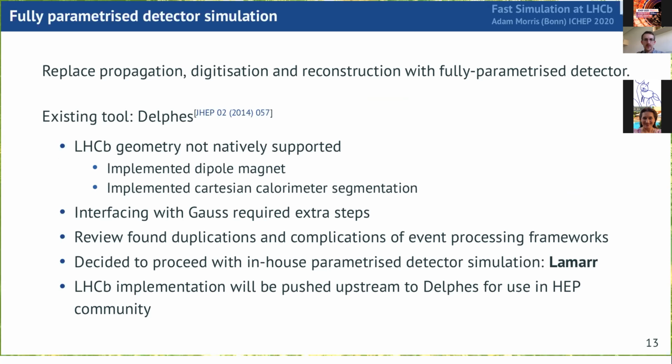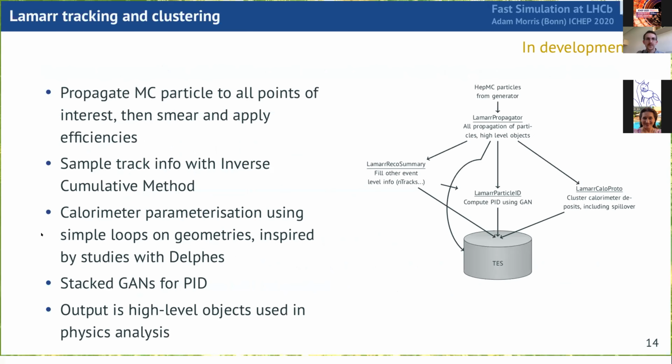And in the code review, there were duplications and complications, which led to the eventual decision to proceed with an in-house detector parameterization called Lamarr. But this work did not go to waste. The LHCb implementation of these things will be pushed upstream to Delphes for use in the wider HEP community.